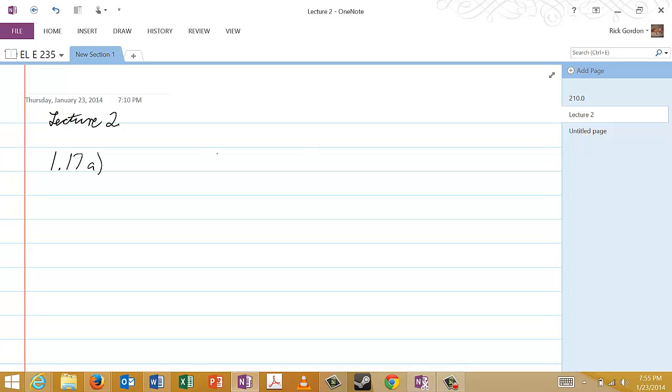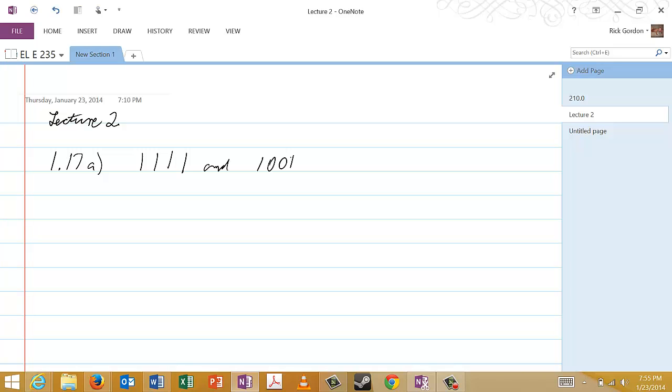In this problem, we're asked to add and subtract these two binary numbers, 1111 and 1001. Notice that they don't have a subscript of 2, so the way that we know that these are binary numbers is that it states it in the statement of the problem.